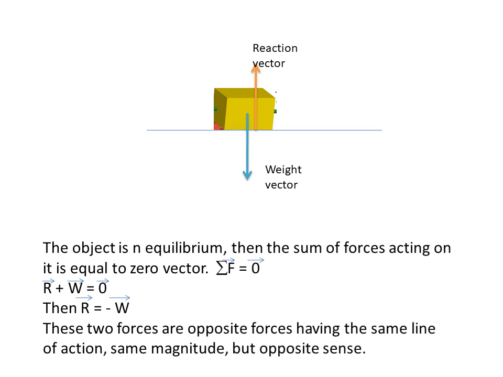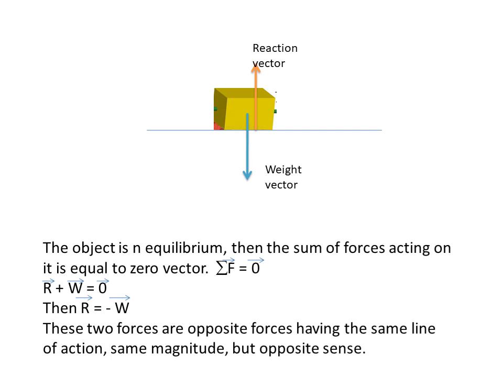What does it mean? It means that the reaction of the support vector added to the weight vector is equal to zero vector. It means that the reaction of the support is equal to the weight but in the negative sense, so they are equal with opposite sense.